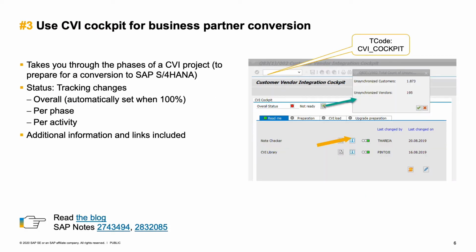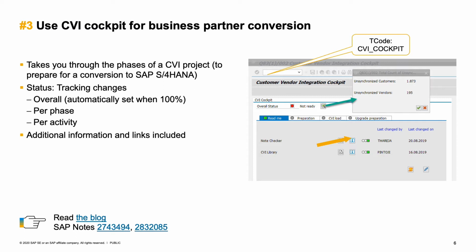Let's jump to number 3, the so-called CVI cockpit for business partner conversion. CVI here stands for customer and vendor integration. And as you may know, one of the prerequisites for the S/4HANA conversion is that you switch from the traditional customer and vendor data model to the business partner data model.